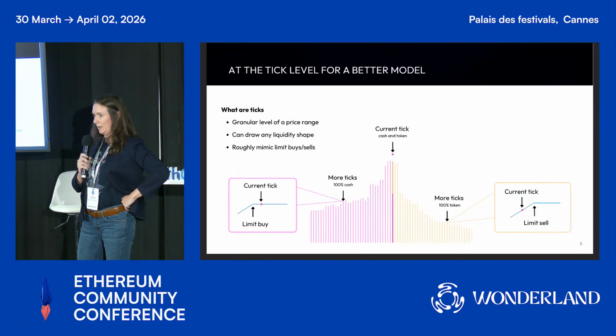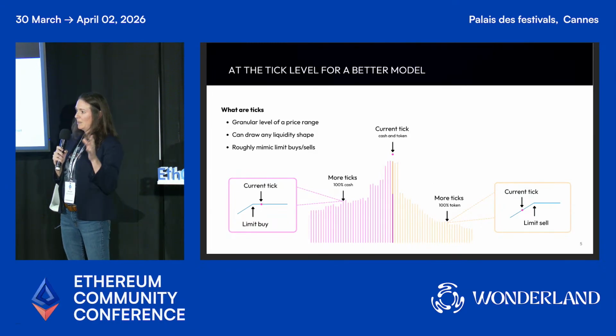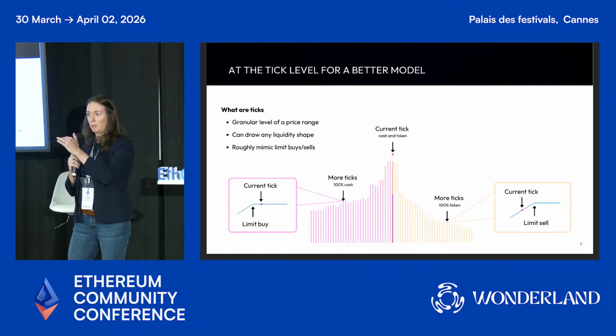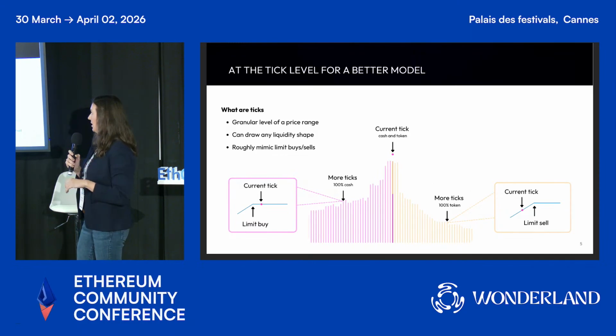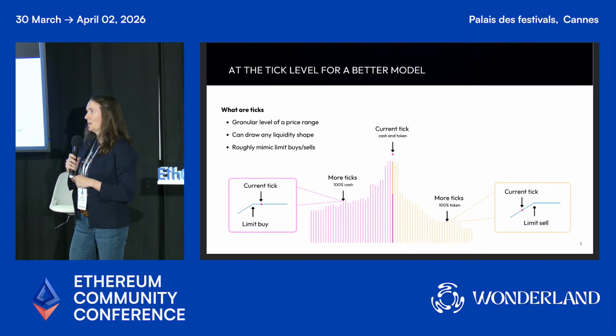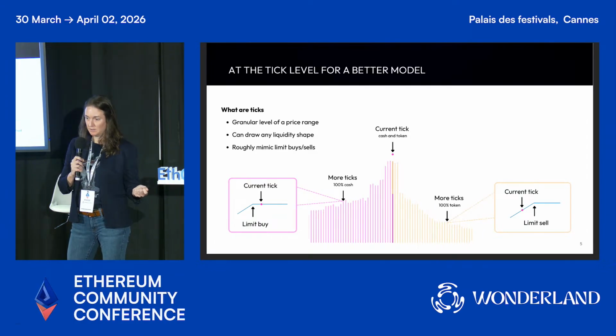If we're talking about ranges, people think of it being from low to high, but really you're allocating liquidity uniformly across the ticks in that range. So why limit ourselves to this uniform distribution over a range when you can specify liquidity on a tick-by-tick basis and draw any shape you want?